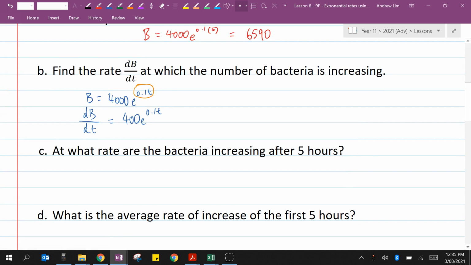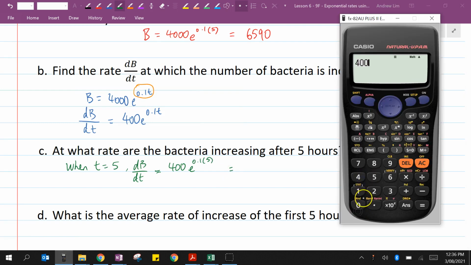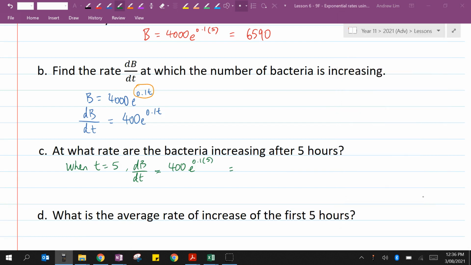At what rate are the bacteria increasing after 5 hours? We just worked out the gradient function, which will tell us the rate of increase. After 5 hours, so when t is equal to 5, the rate is equal to 400 e to the power 0.1 times 5. 400 e to the power of 0.1 times 5 is 659, and this is bacteria per hour.